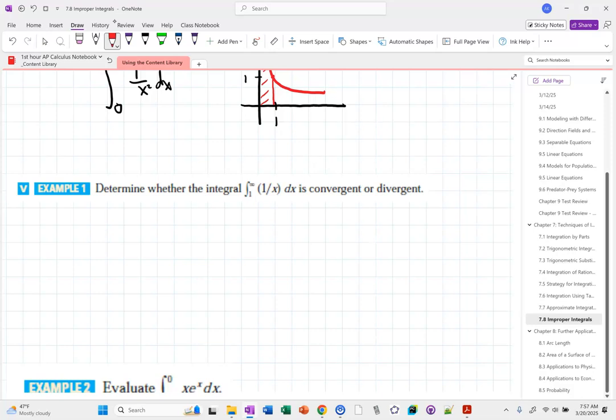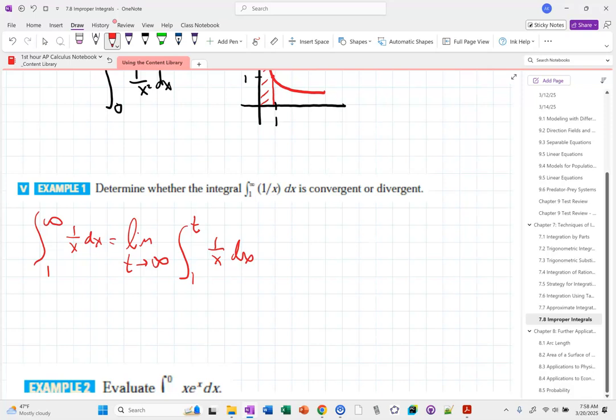So the idea here is that since we know we can't plug infinity in, we're going to turn this into a limit problem. Instead of the integral from 1 to infinity, we're going to do the limit as t approaches infinity of the integral from 1 to t.